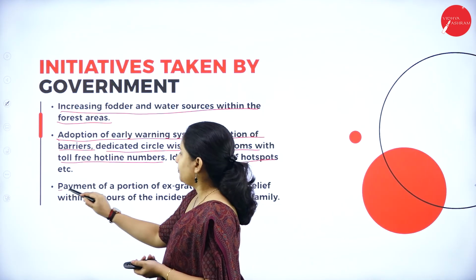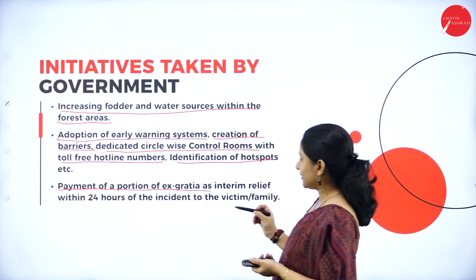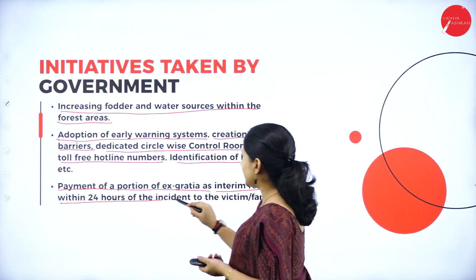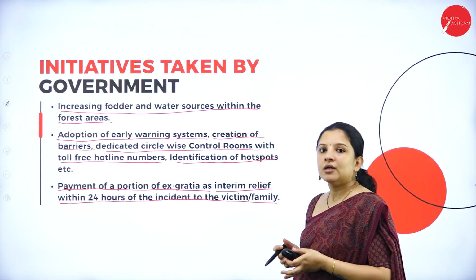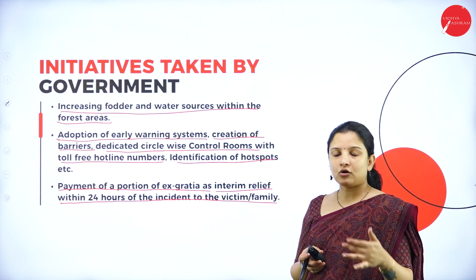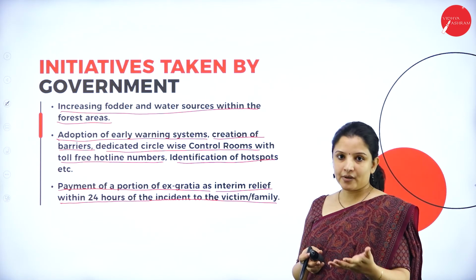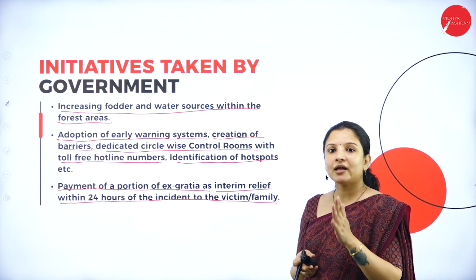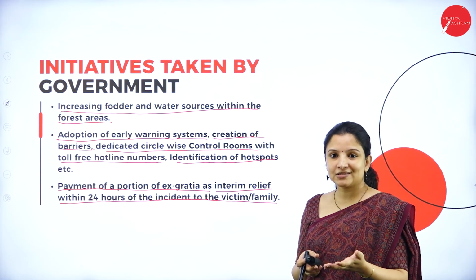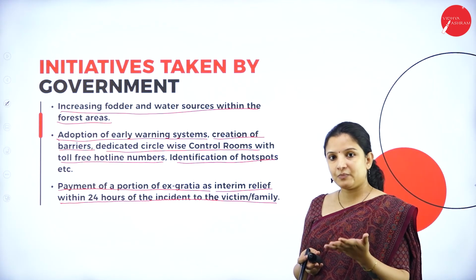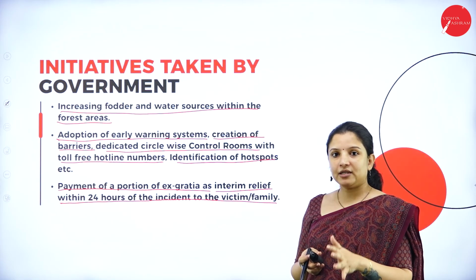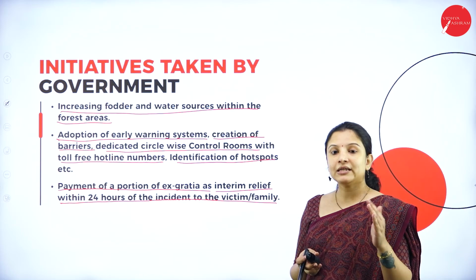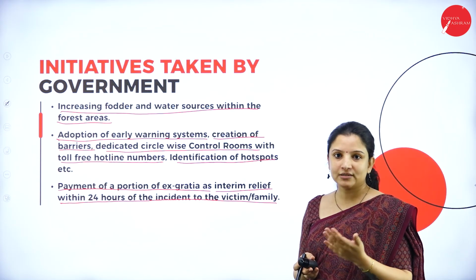Next is payment of a portion of ex gratia as interim relief within 24 hours of the incident to the victim family. Suppose a tiger or a cheetah kills a person. Within 24 hours, at least a certain amount of compensation should be paid to that particular family, so that they don't get agitated and they don't try to kill the animal, leading to further conflicts between humans and wildlife.